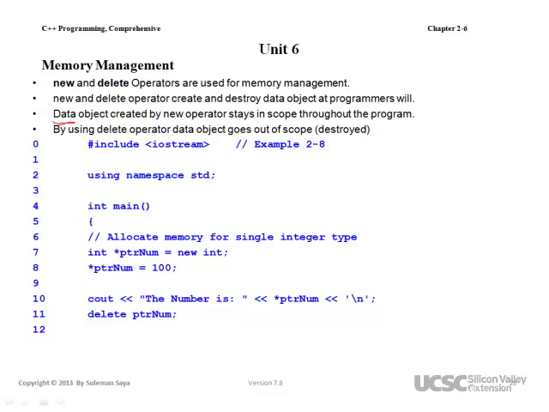So the very first line, line zero, as we have discussed in the previous chapters, we include the header file iostream because in this small program we are using a cout object, and the cout object requires that you include the iostream header file.